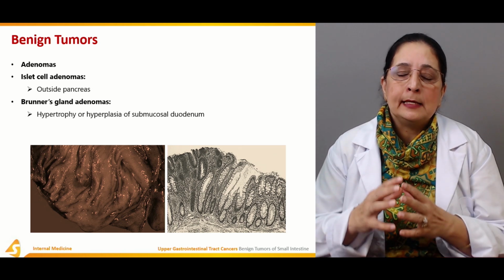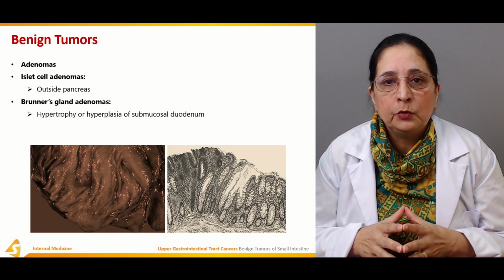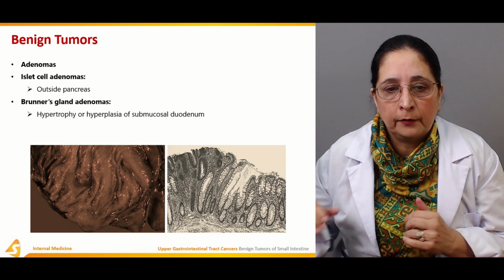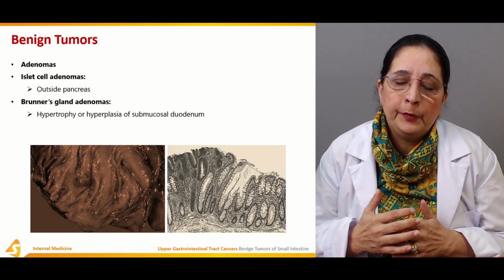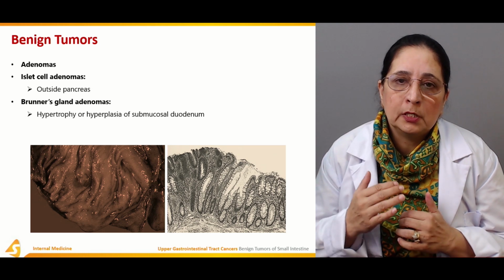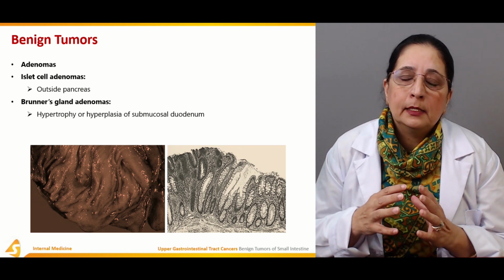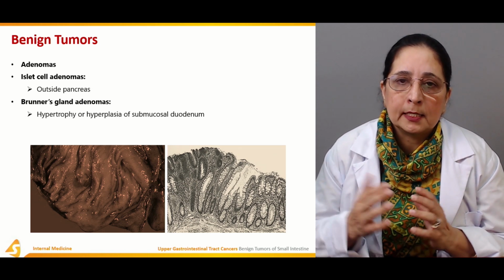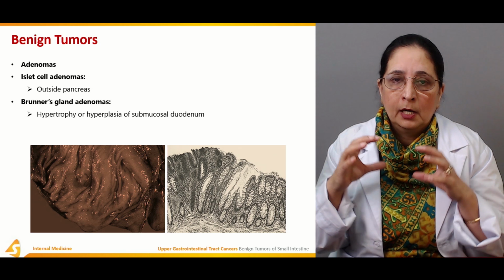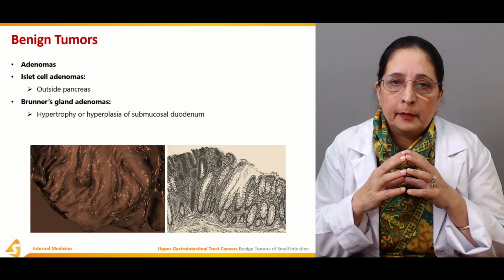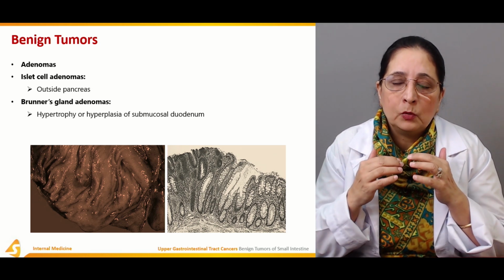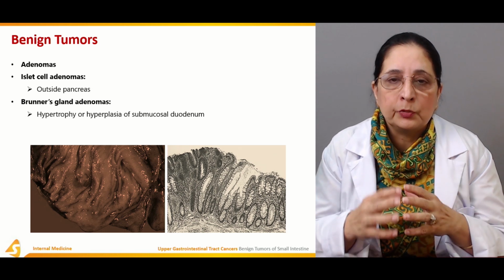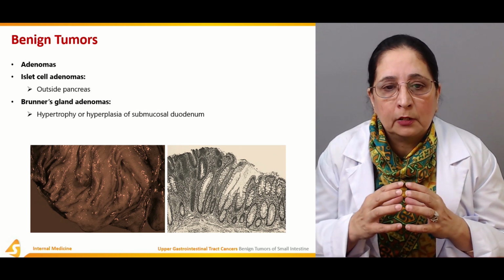The duodenum is the first part of the small intestine, a C-shaped structure, where the pancreas is very closely associated with the duodenum.